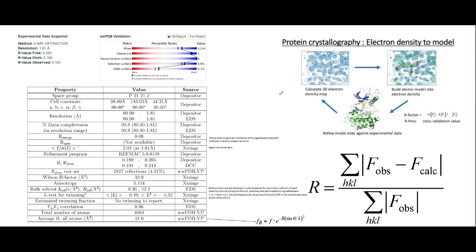And that's what it's showing right here: we calculated our 3D electron density map, which was the Fourier transform of our diffraction data with the phase information. Then we build our atomic models into it. Then we want to refine that against the experimental data.